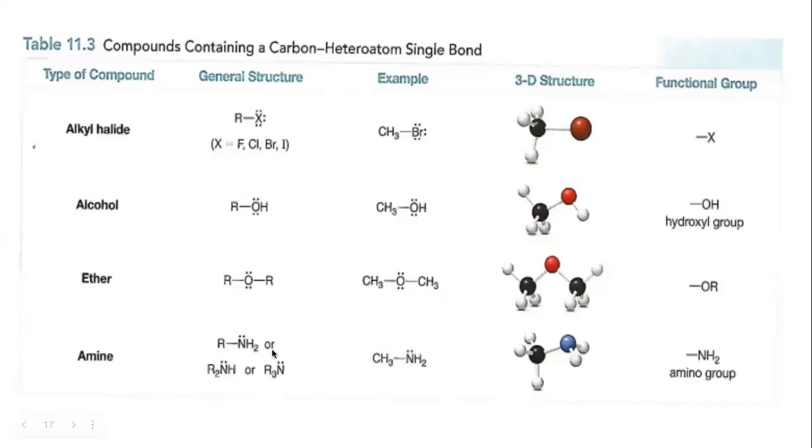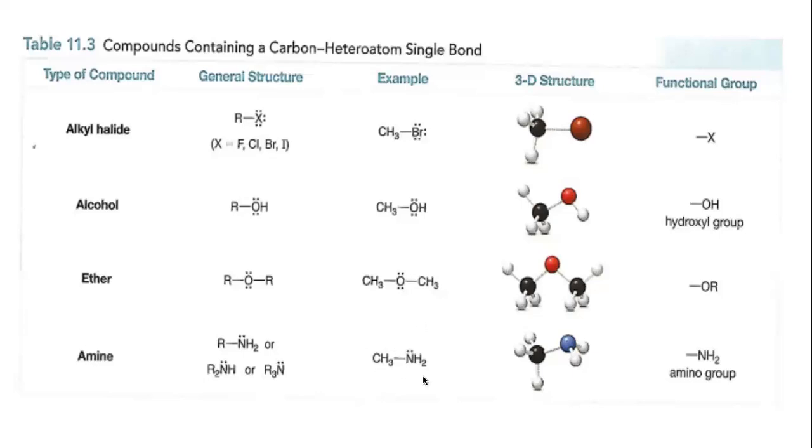So RNH2, or you can have RNH3, and we'll see what that looks like when we get to our amino acid lecture and protein lecture later on in the class. This is an amine group that is bound to an alkyl group.